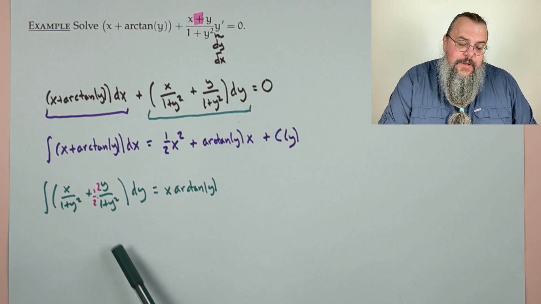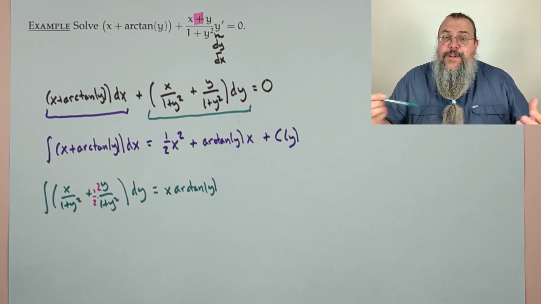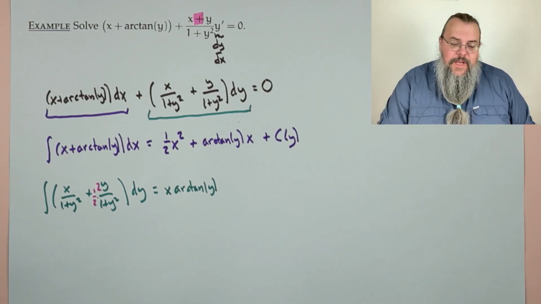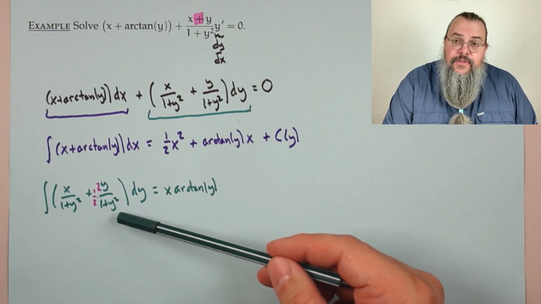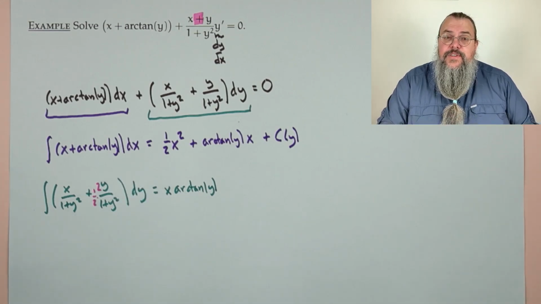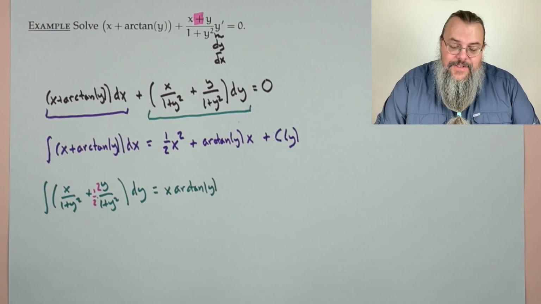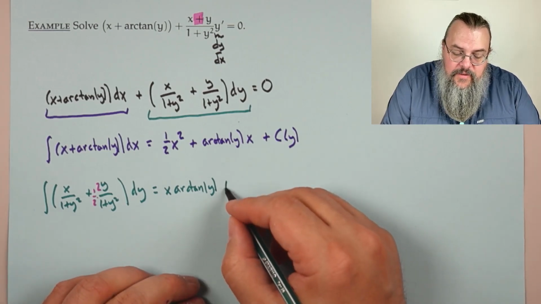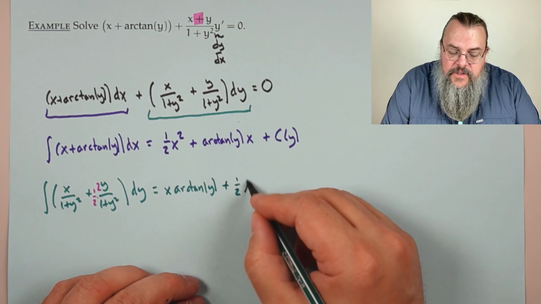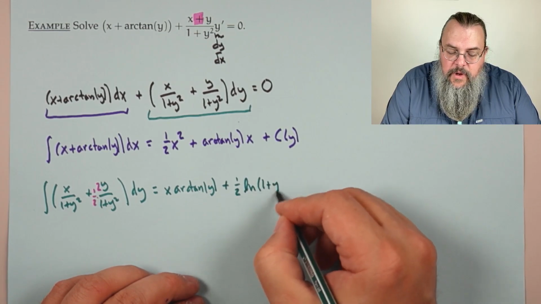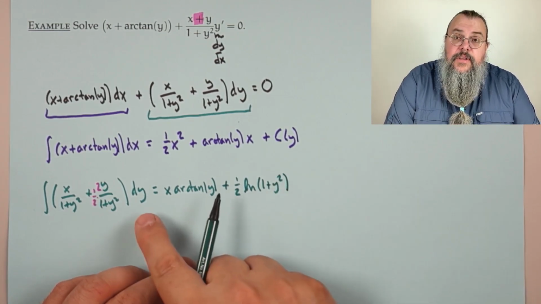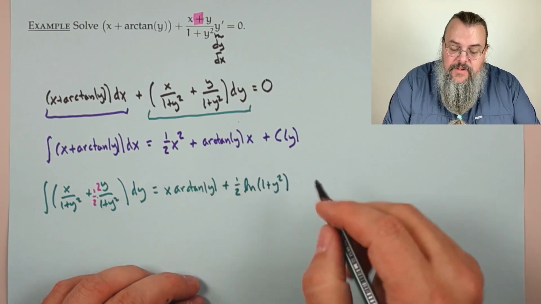Well, we haven't changed anything, right? A half times 2 is 1. But what we have is function downstairs, derivative upstairs. That's a log. So we have plus 1/2 natural log 1 plus y squared. And now the constant, well, it's constant with respect to y.